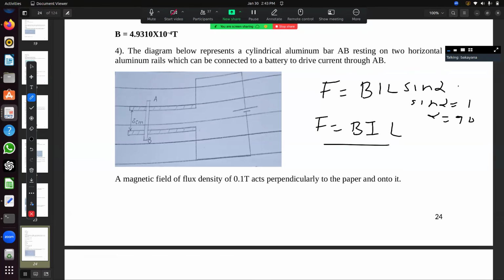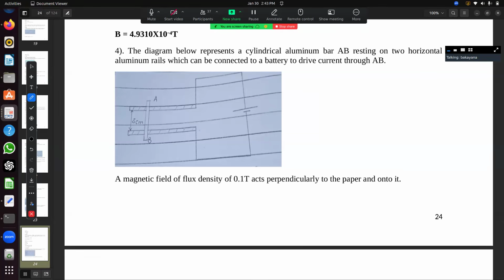So now let us apply this to this question, which says, the diagram below represents a cylindrical aluminum bar, AB, resting on two horizontal aluminum rails, which can be connected to a battery. A magnetic field of 0.1 Tesla acts perpendicular to the paper. I told you our reference is always the paper.